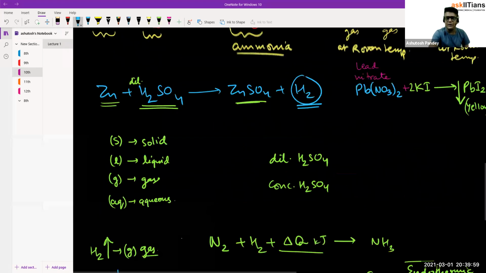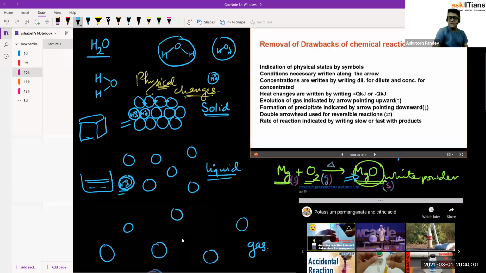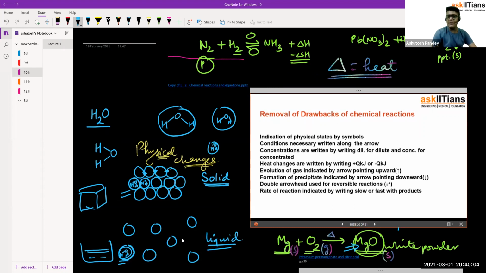I hope you are getting all of this. Next, formation of precipitate is indicated by an arrow pointing downward.